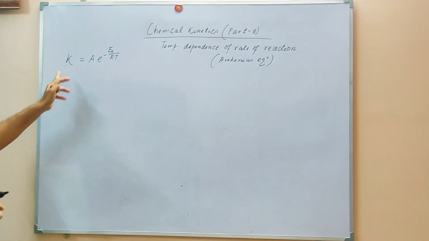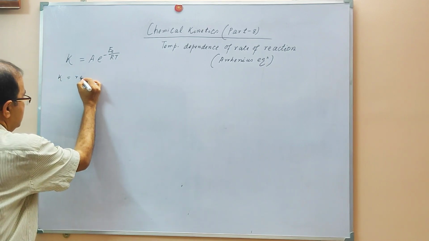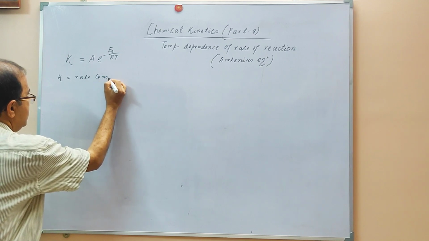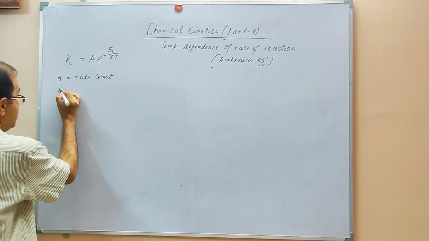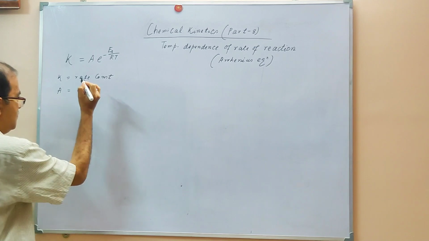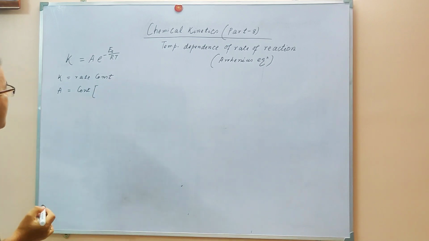Here K is the rate constant. A is the constant and it has various names.